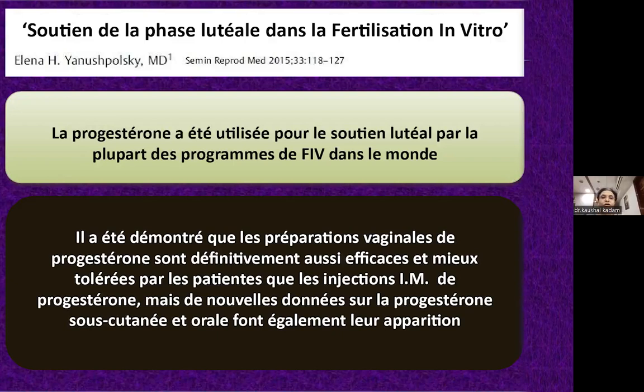And progesterone has been used for luteal support by most IVF programs around the world. Vaginal preparations have definitely been shown to be equally efficacious and better tolerated than IM progesterone injections. But new data on subcutaneous and oral progesterone is also emerging.